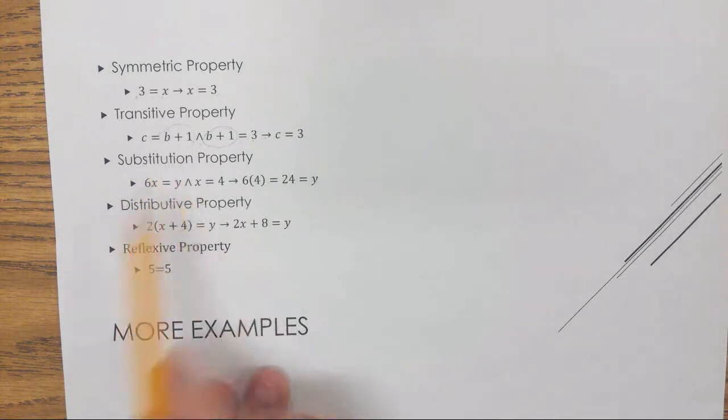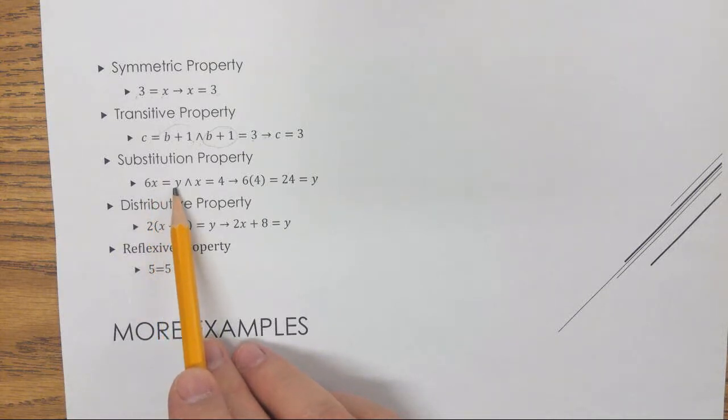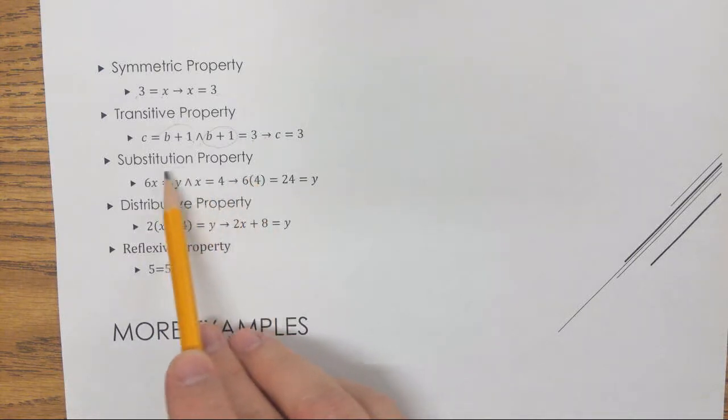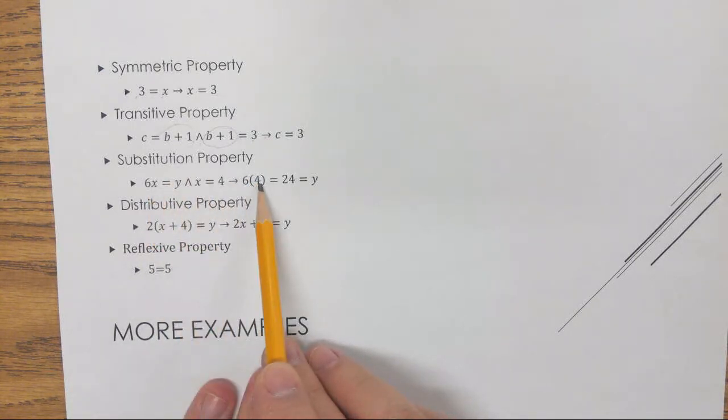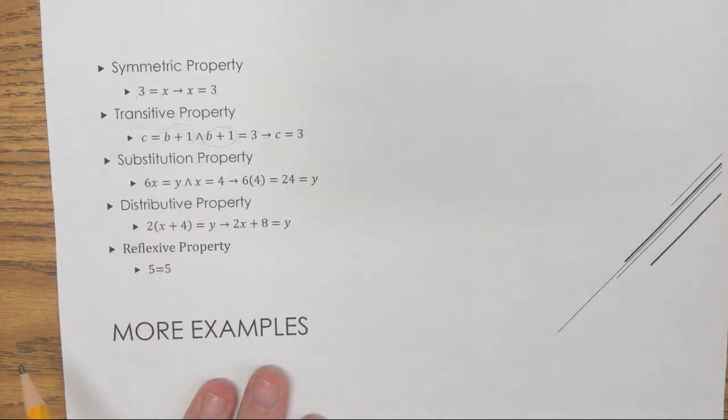Okay, now the substitution property. Well, if I have 6x and that's equal to y, and I know that x equals 4, then I can substitute 4 in for x, which would then be equal to 24, which then would be equal to y. So substitution.